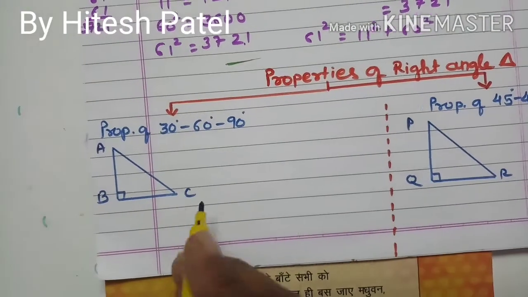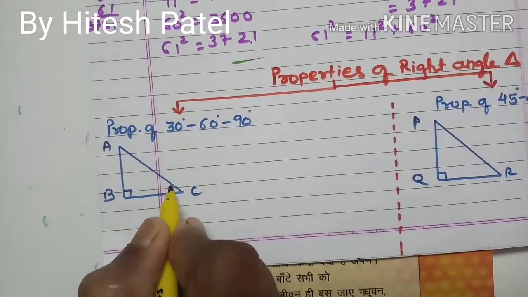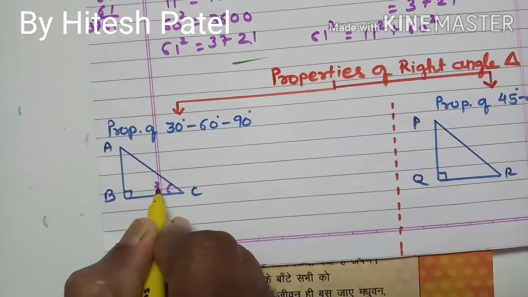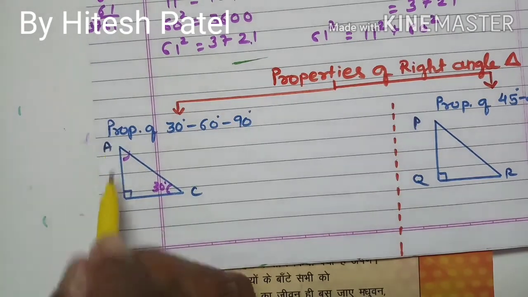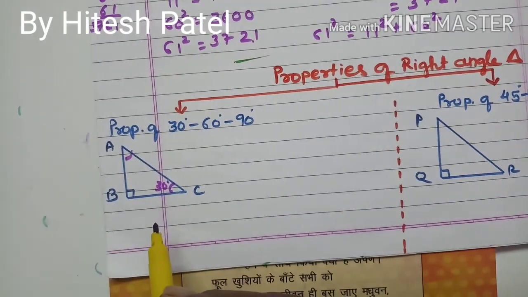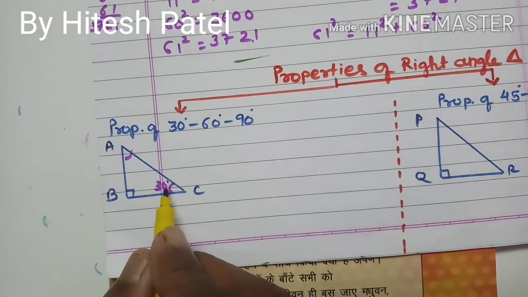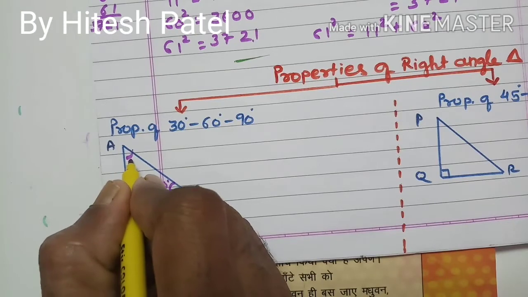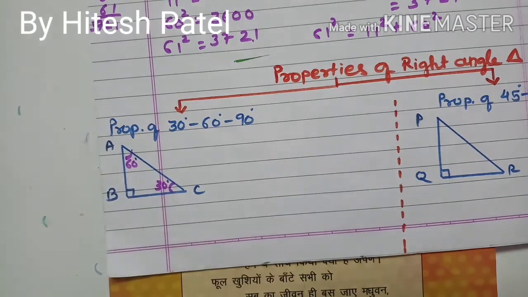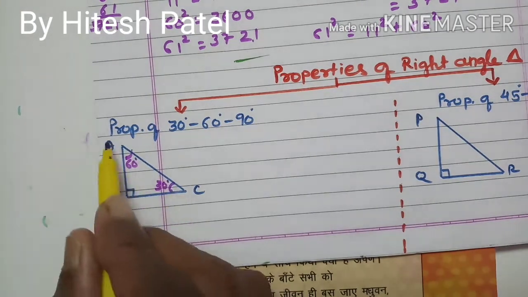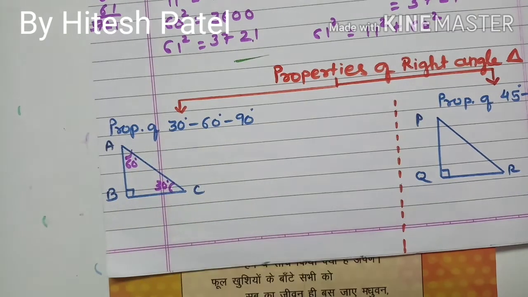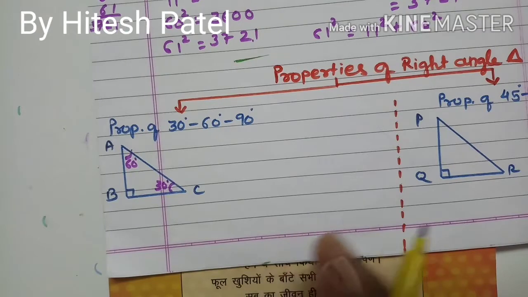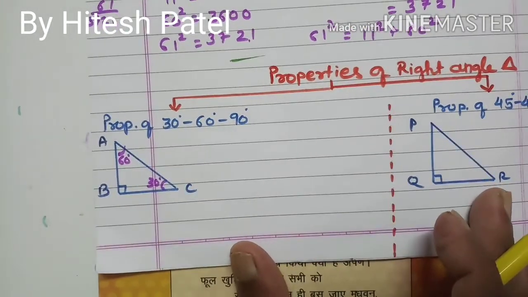Now if angle C is 30 degrees, then what will be the measure of angle A? The sum of all angles of a triangle is equal to 180. This is 90, this is 30, so the remaining angle is 60. So now this triangle is called a 30, 60, 90 triangle. Now, what is the property of a 30, 60, 90 triangle?